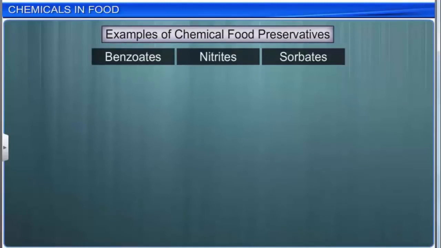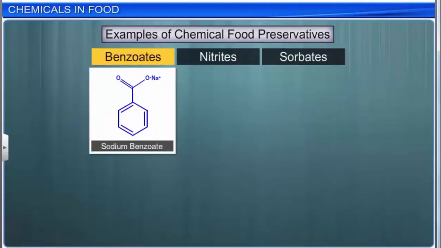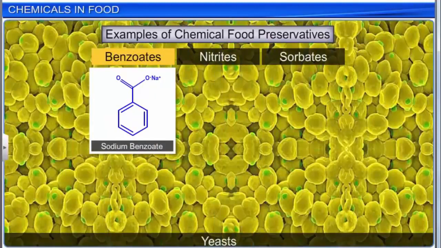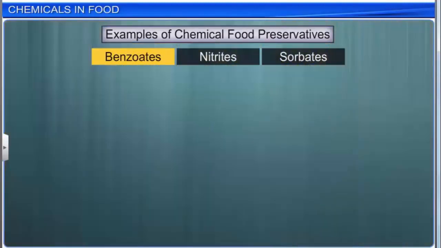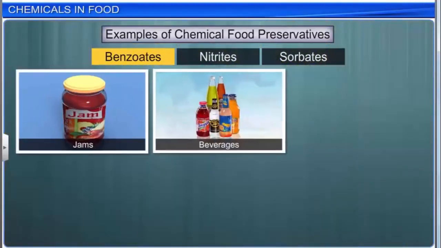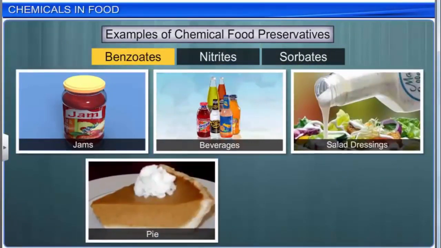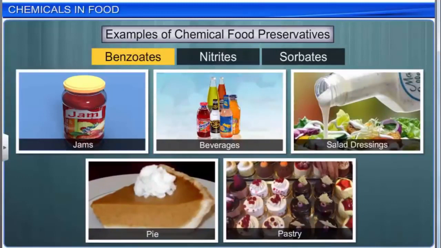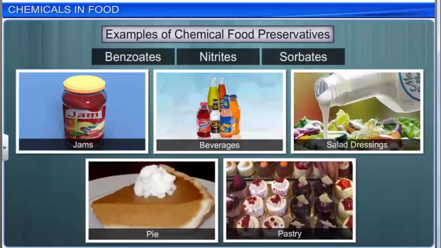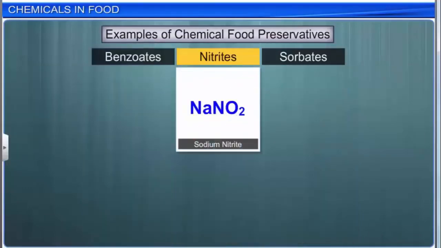Sodium benzoate protects food against yeasts and molds and is used in jams, beverages, salad dressings, pie and pastry fillings, etc. Sodium nitrite is used to fix the colors in preserved fish and meat.